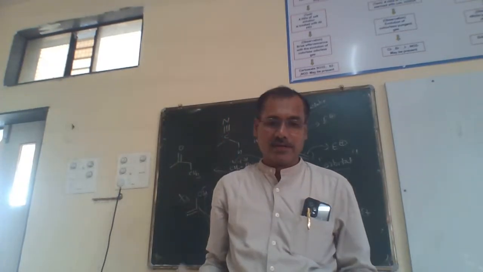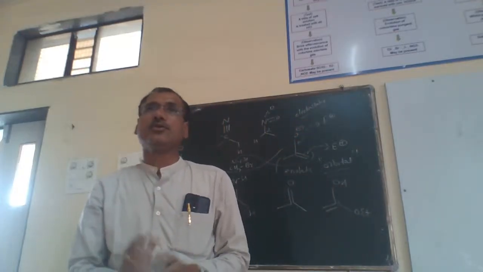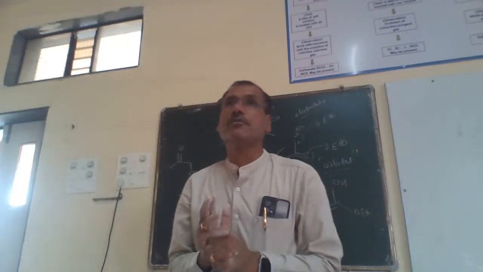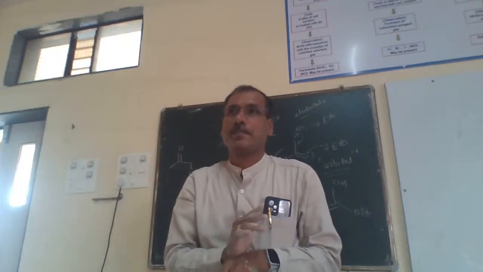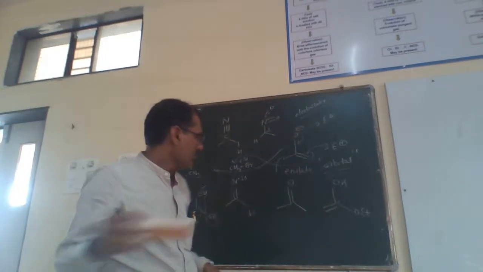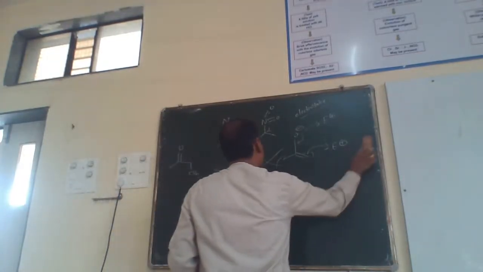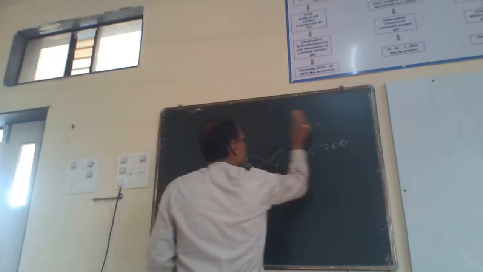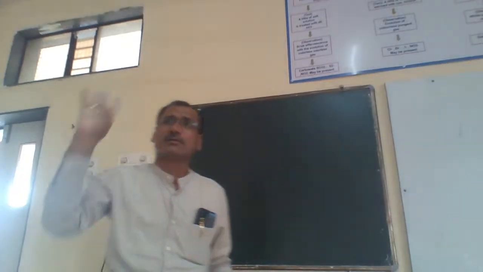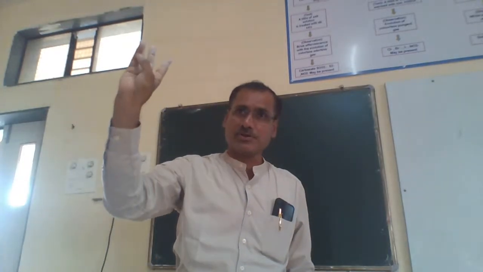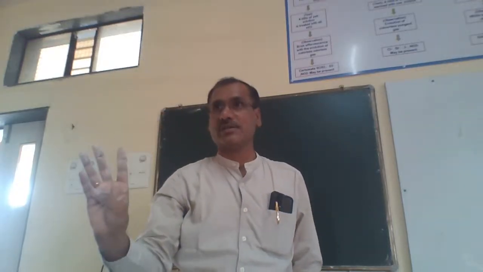And now we are heading towards enolate chemistry. In enolate chemistry, you should understand the difference between kinetic and thermodynamic enolate. The factors that affect the stability of enol or enolate are substitution, conjugation, hydrogen bonding, and aromaticity.